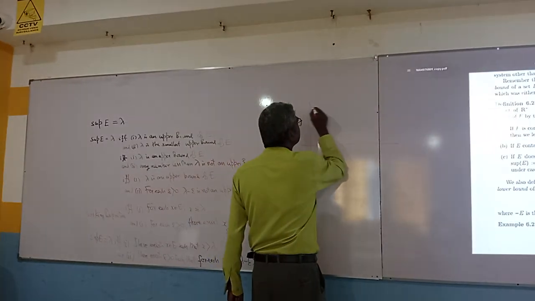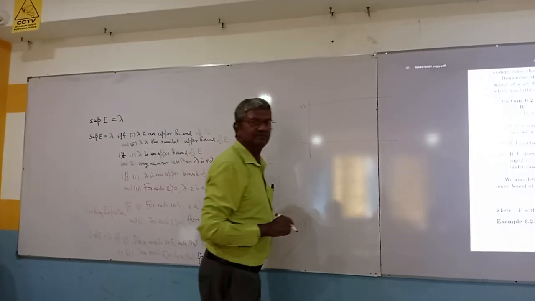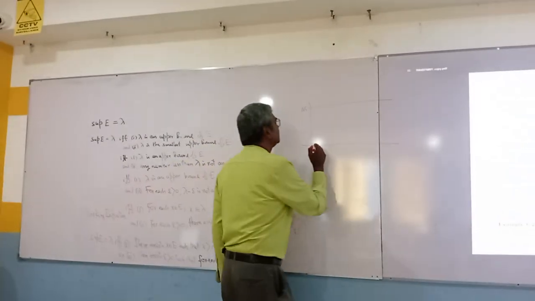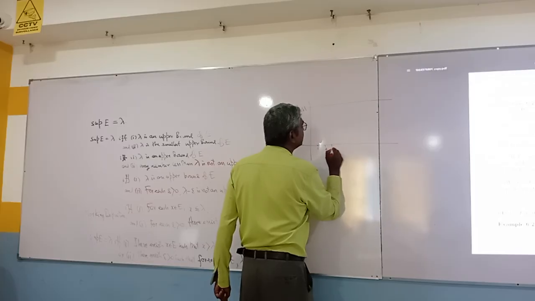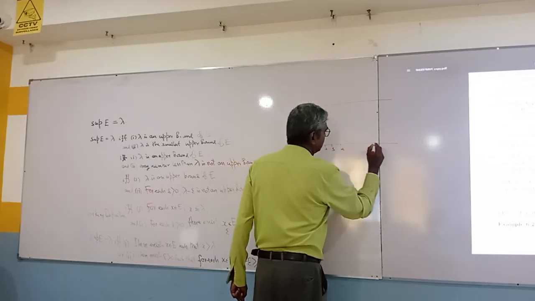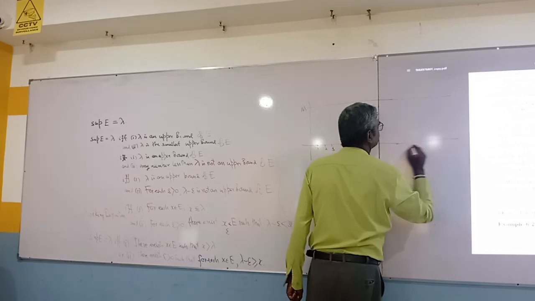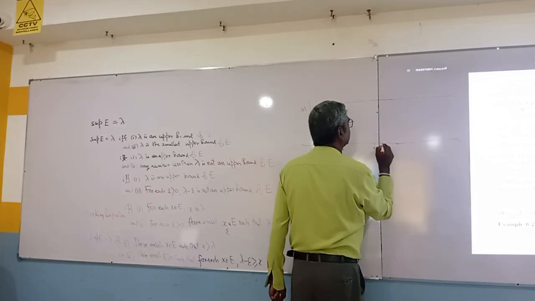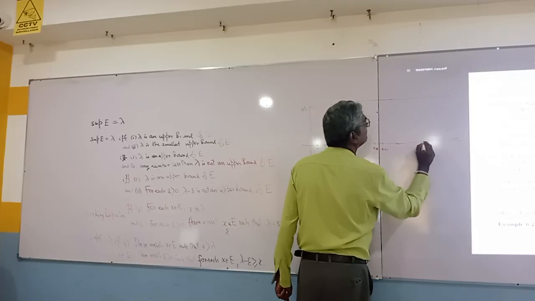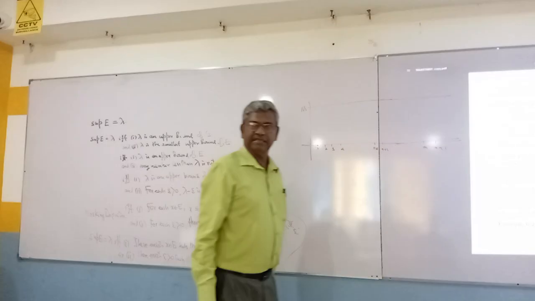You have this sequence bounded by capital M, and it is increasing. Here is 1, here is 2, here is 3, here is 4, here is some n, n plus 1, m plus 1, like that.